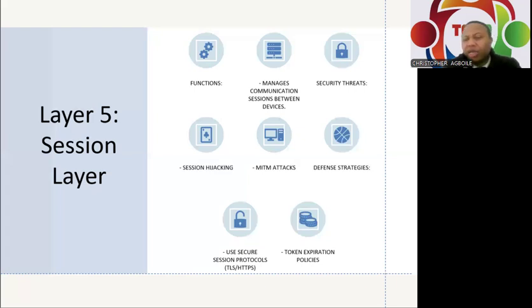Rather, there will be a kind of intermediary. The attacker will come in as a third person in the middle of the communication. To prevent this, you have end-to-end encryption and certificate validation.